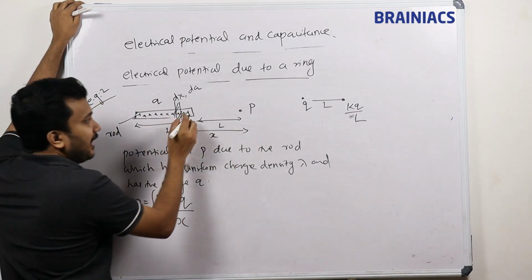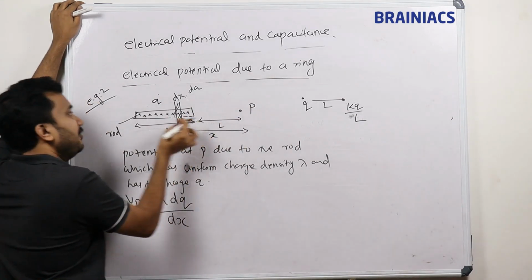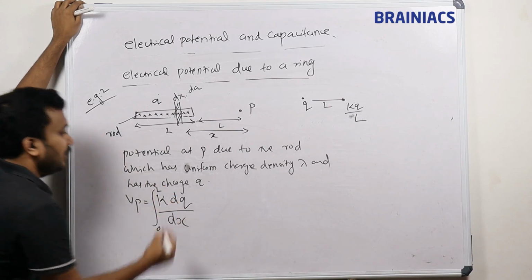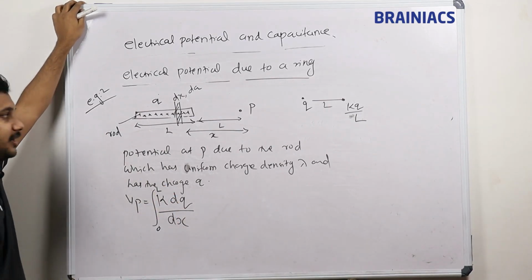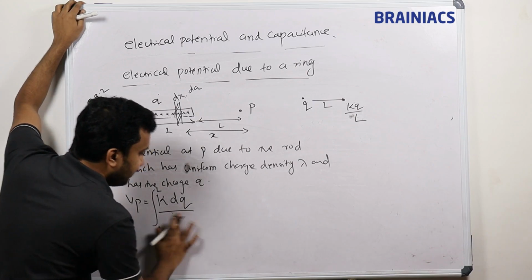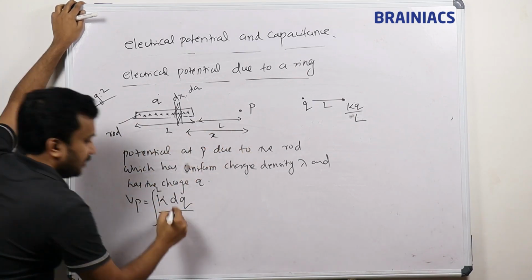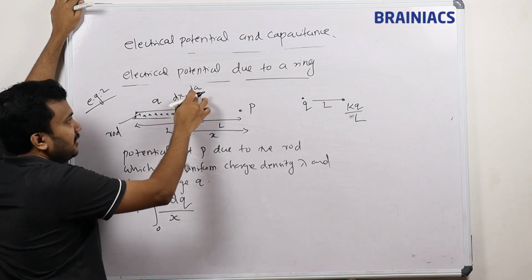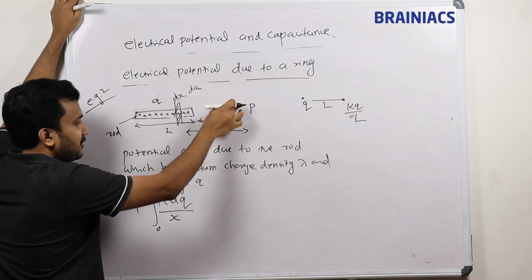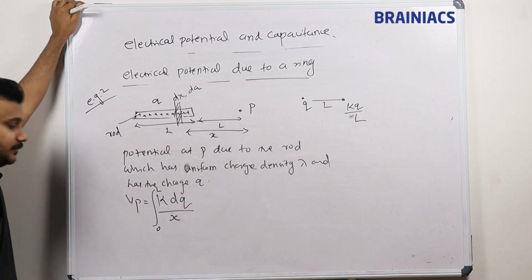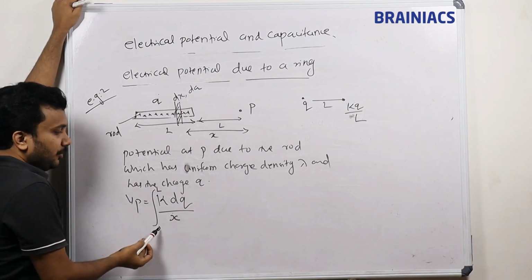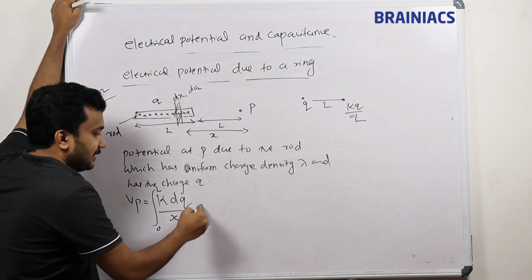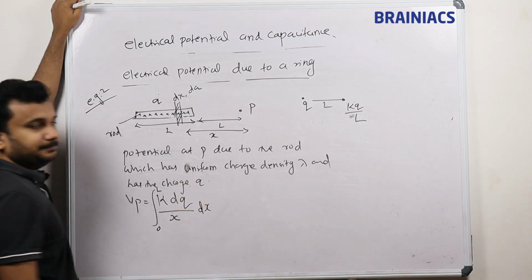This x is varying from L to 2L, so the limit of integration is from L to 2L. So the potential will be equal to integral k into dq divided by x.